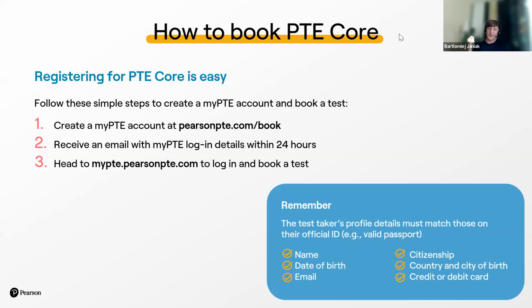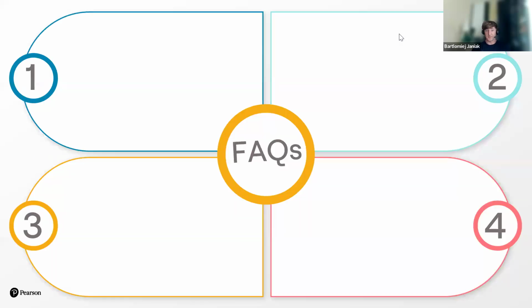As you see on the slide, the test taker's profile details must match those on the official ID. If you provide different details while booking the test, and then you present an ID with different details at the testing center, don't be surprised that you won't be able to sit the test, because as the information says, they must match exactly the ones on your official ID.